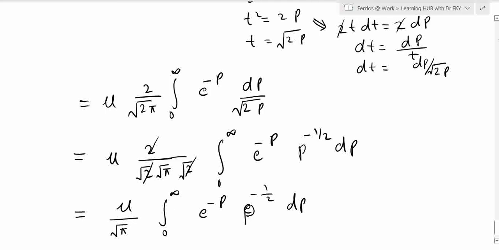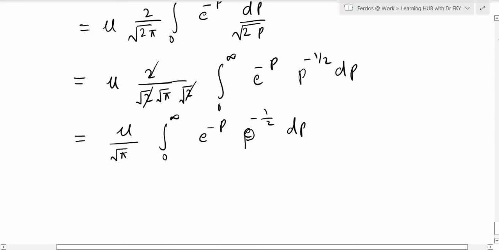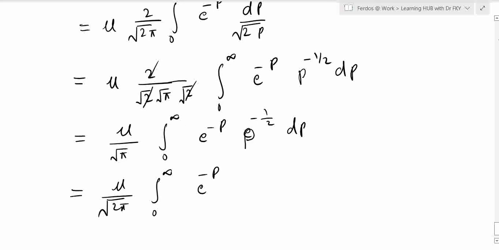So mu divided by the square root of pi, 0 to infinity e power minus p, p power 1 minus 1 divided by 2 minus 1.